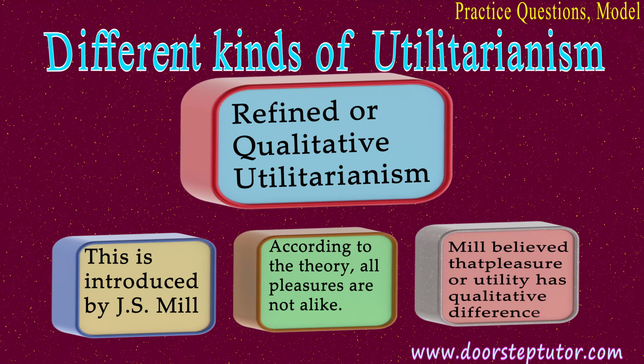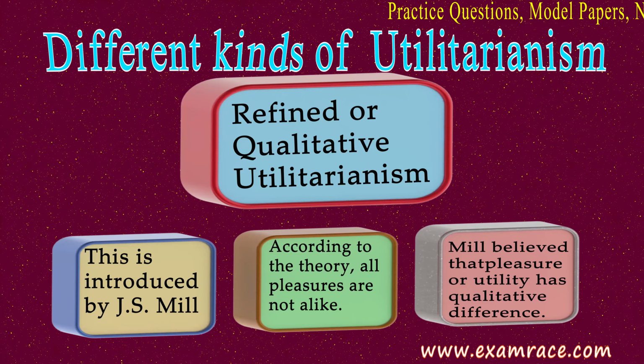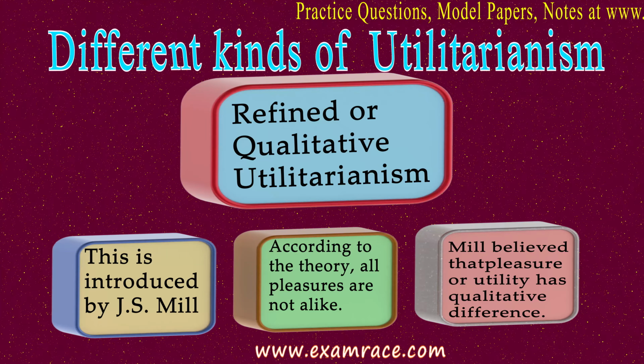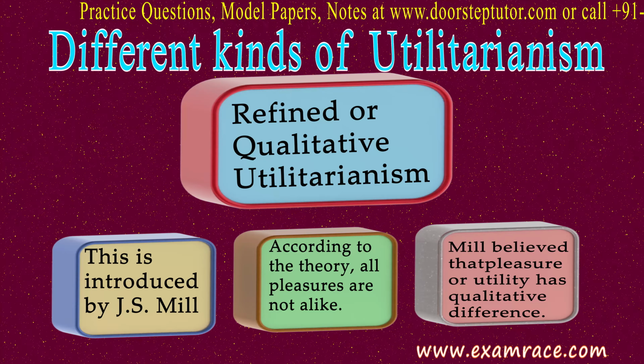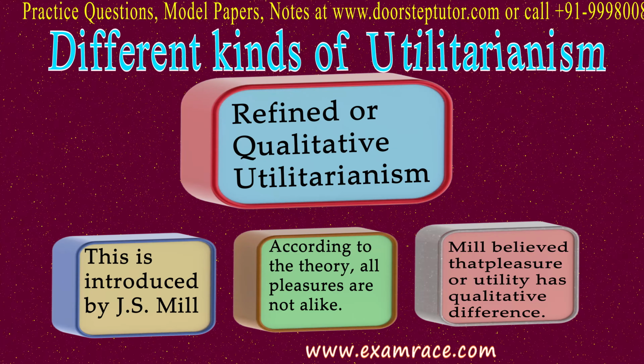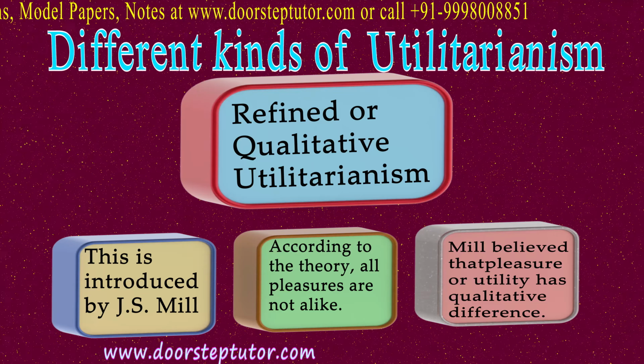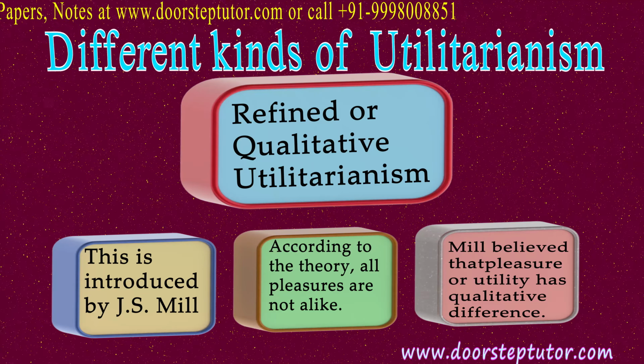Mill says some pleasures are more desirable than the others. So, the quality is something which a person should definitely depend upon when talking about utility. So, he believed that pleasure or utility has qualitative differences. This means to say that some pleasures are intrinsically better than the others.